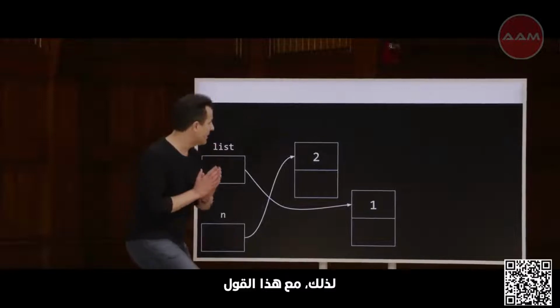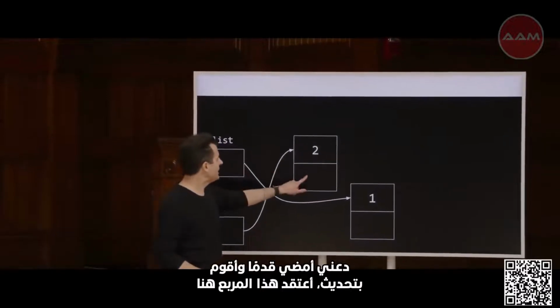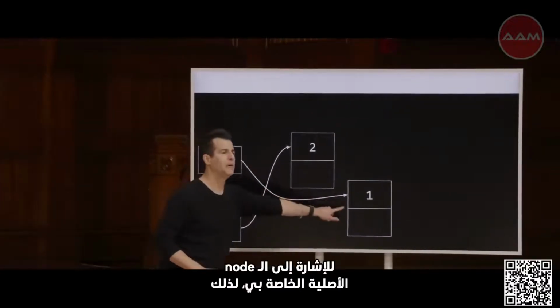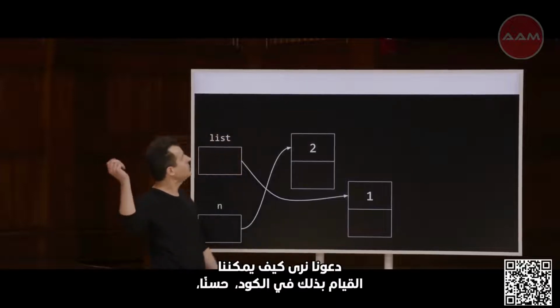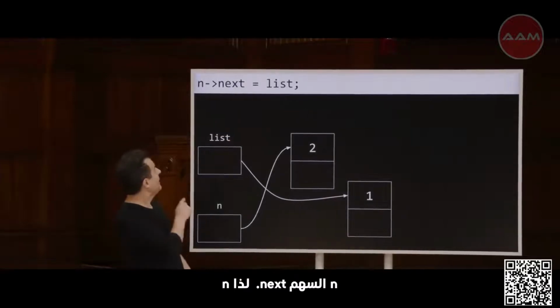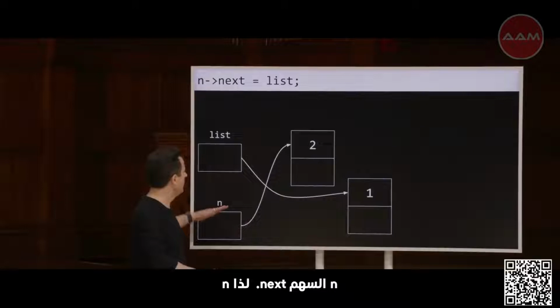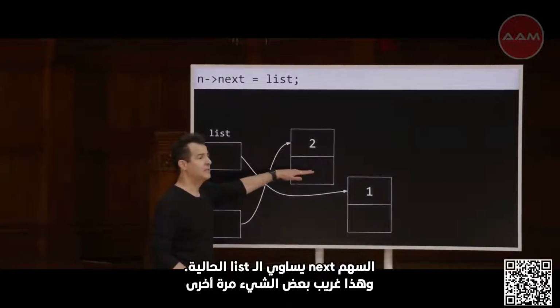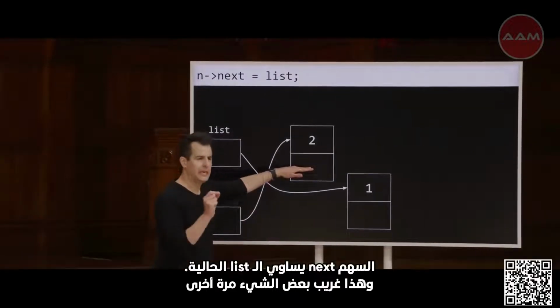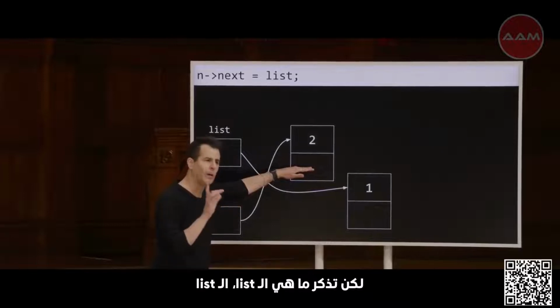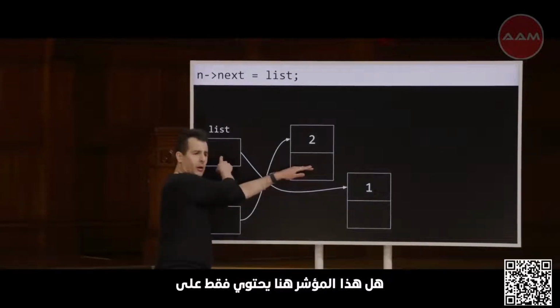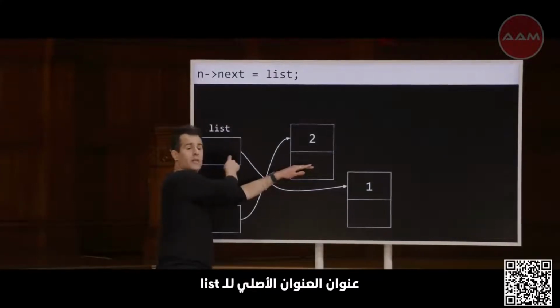So with that said, let me go ahead and update, I think, this box here to point at my original node. So let's see how we can do this in code. OK, n arrow next. So n arrow next should equal the current list. And this is a little weird again, but recall what list is. List is this pointer here that just contains the address of the original address of the list.